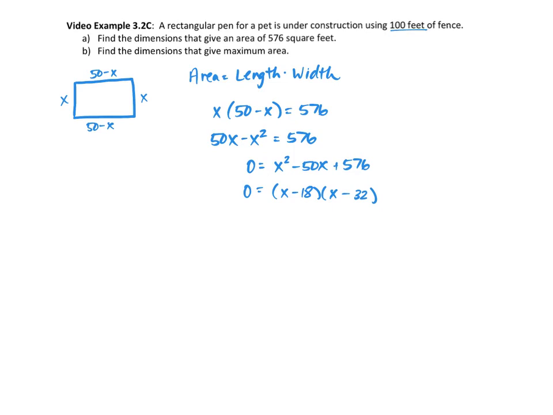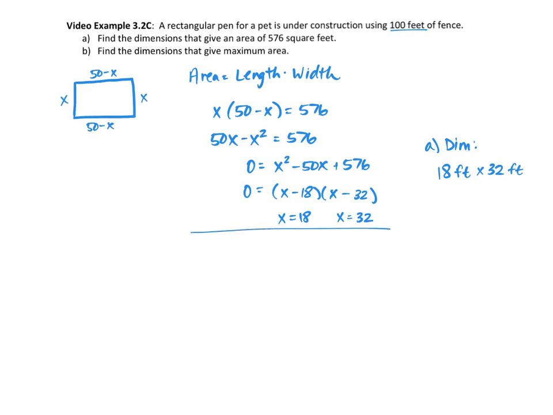So if x minus 18 equals 0, x is equal to 18, or x is equal to 32. If x is equal to 18, then 50 minus 18 would be 32. If x is equal to 32, 50 minus 32 would be 18. And so for part A, the dimensions are a rectangle that's 18 feet by 32 feet.